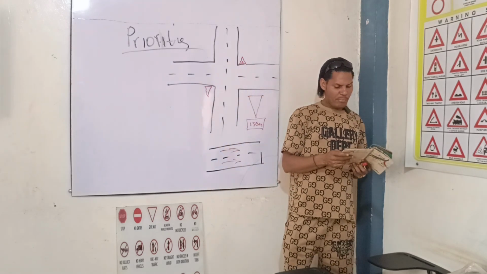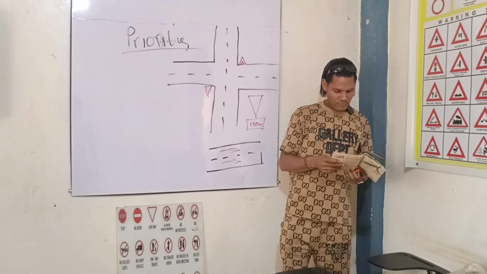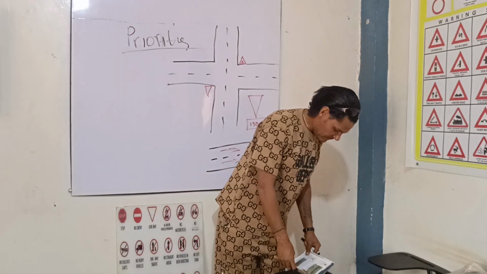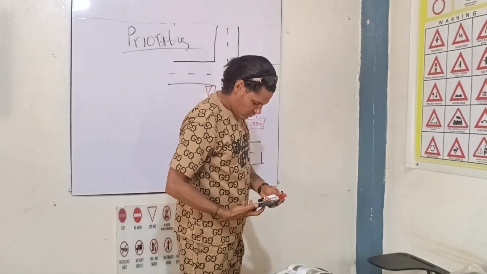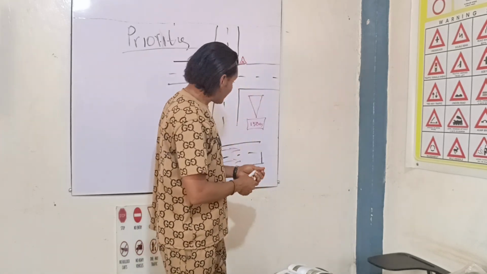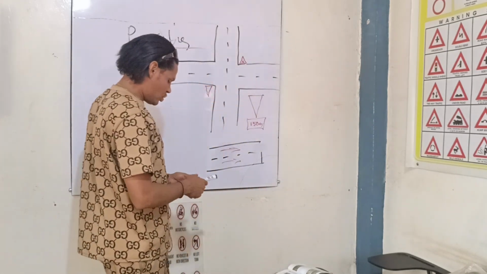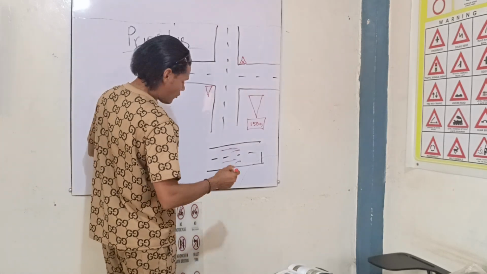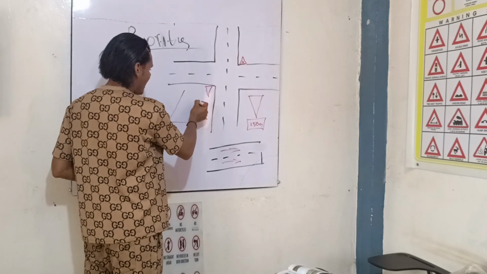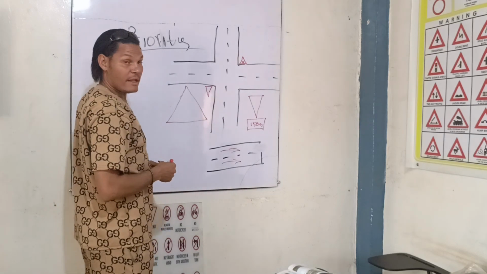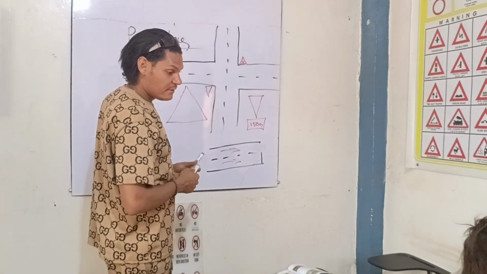Now you have priority for the next junction. Priority to the next junction. That is what you have: your warning triangle, right?